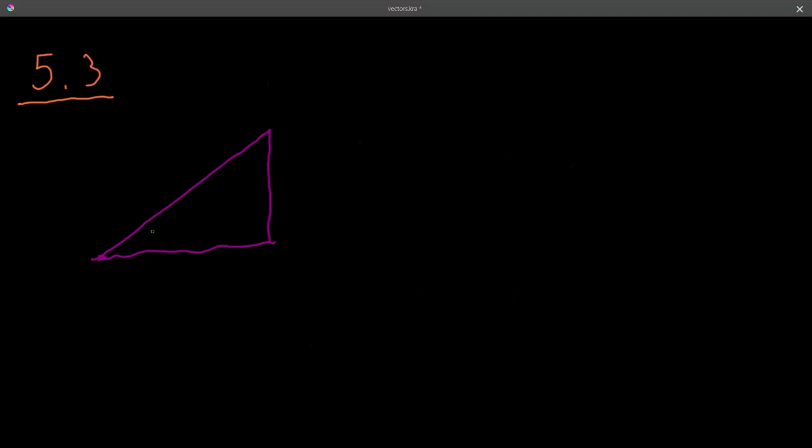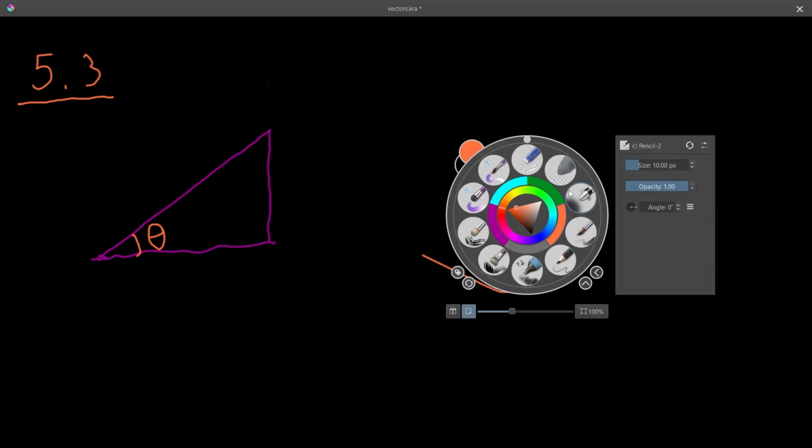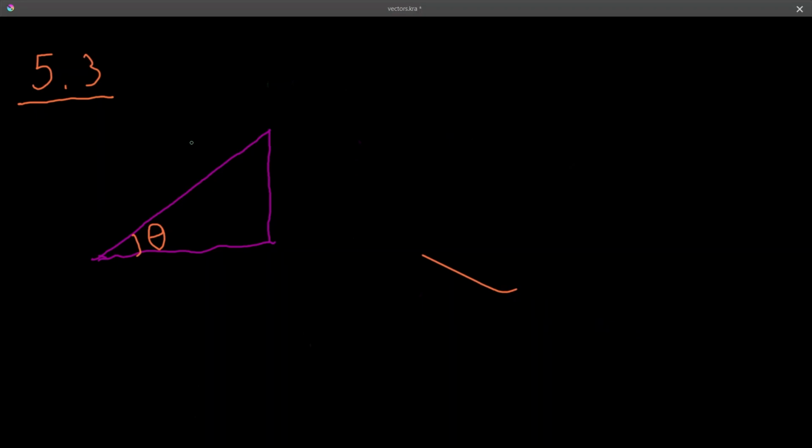Right, so this is an inclined plane, and you have an angle of theta here, and then you have a box that is on top of this incline, either going up or going down.